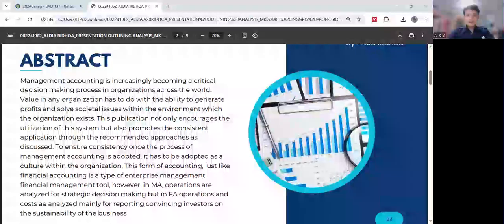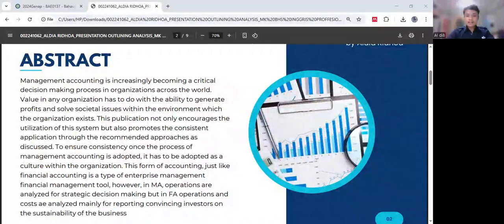The abstract must contain the main problem, objective, methods, data, and conclusion in paragraph form. When writing an abstract, you must use effective sentences, concise, clear, and easy to understand, because the abstract is the first impression of a scientific work.